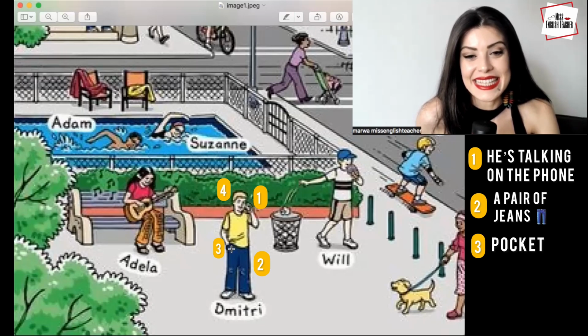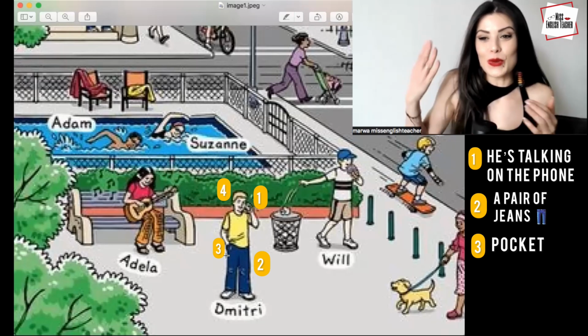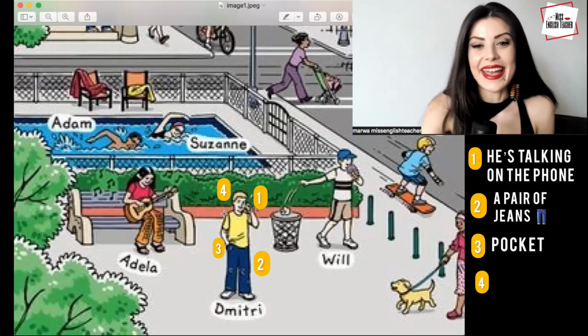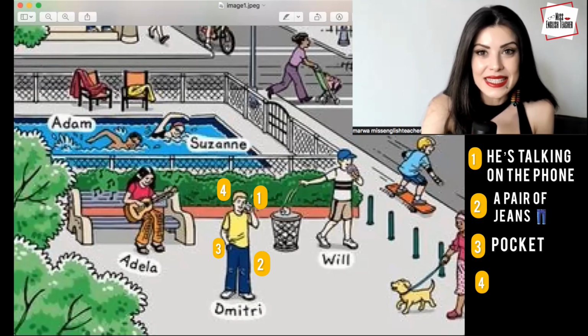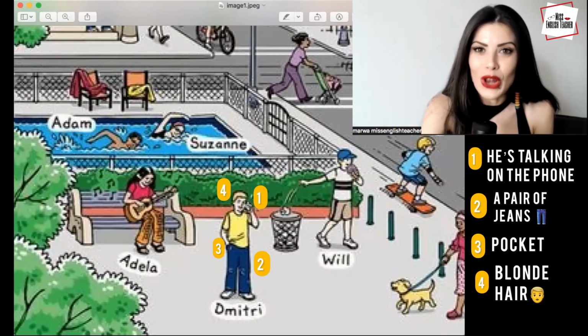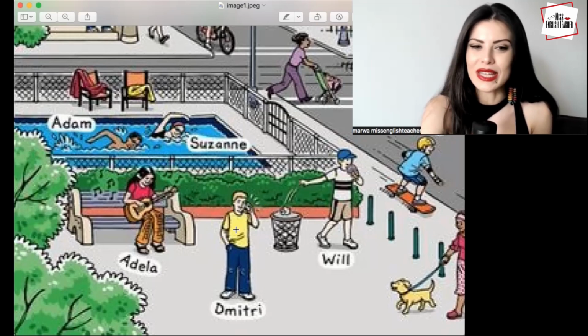His hand is in his pocket. Guys, this is a pocket. You put your hand in your pocket. And Dimitri has not yellow hair, but blonde hair. Okay, so Dimitri is blonde. He has blonde hair.